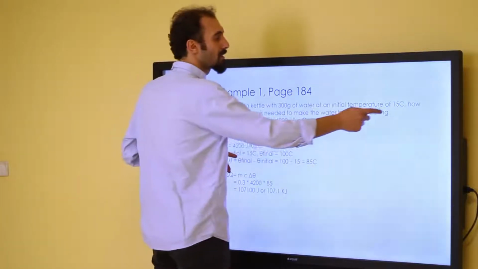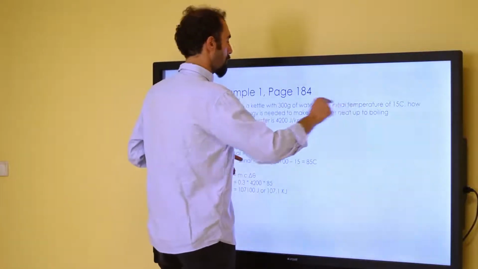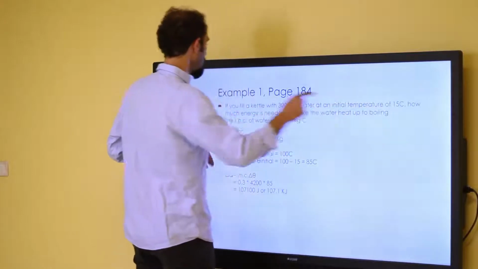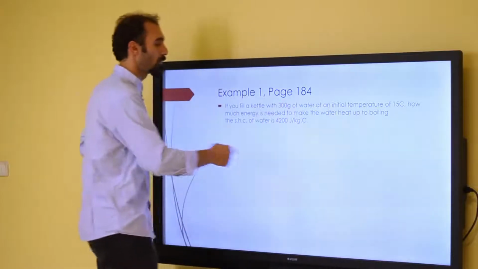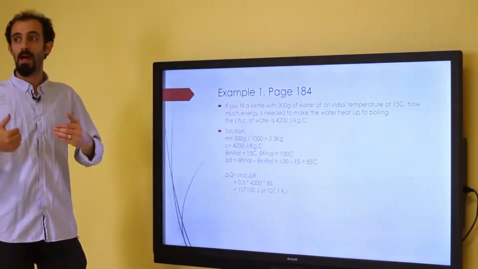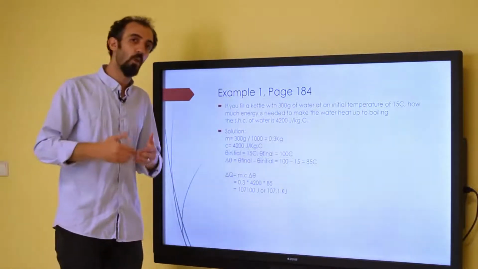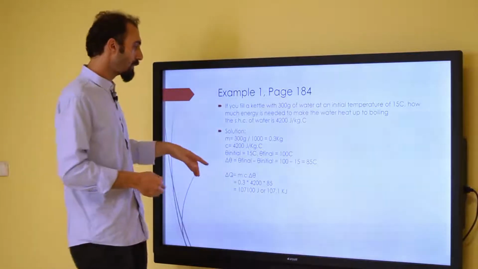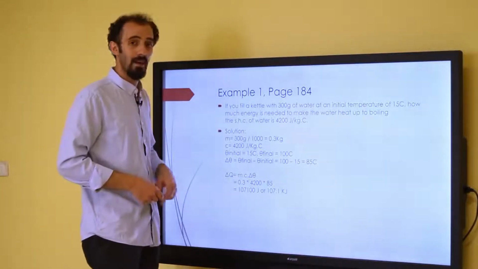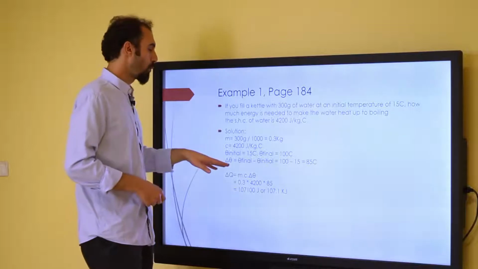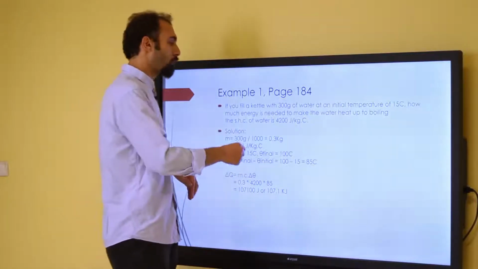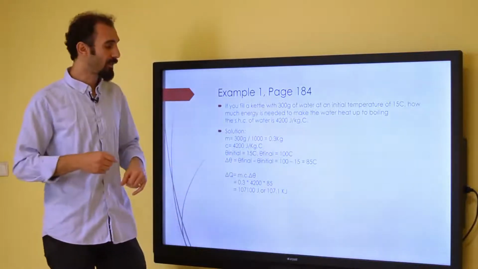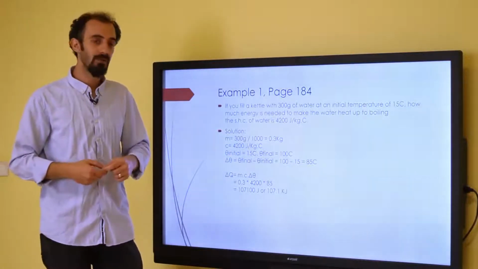Why? Because it says how much energy is needed to make the water heat up to boiling. So I'm trying to boil the water, and of course, for water, boiling means 100 Celsius. Which means delta theta, the difference in temperature, is the final temperature minus the initial temperature, 100 minus 15, which equals 85 Celsius.